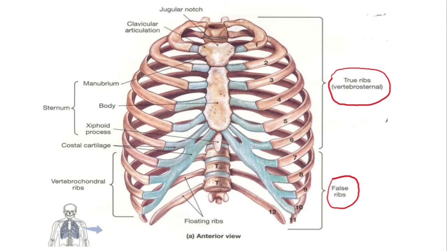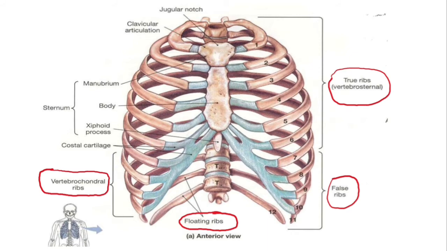Look, these are the floating ribs. They are floating, and then you can see the other group, they articulate only with the cartilage. These ones are called vertebrochondral, because chondr is cartilage.